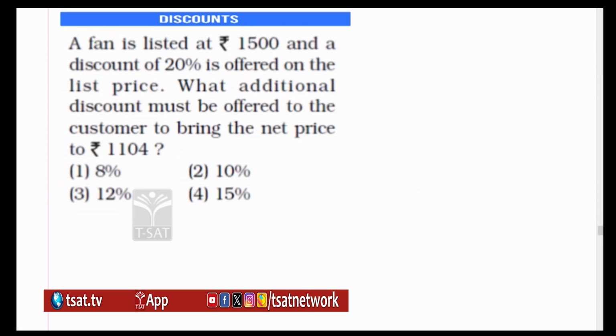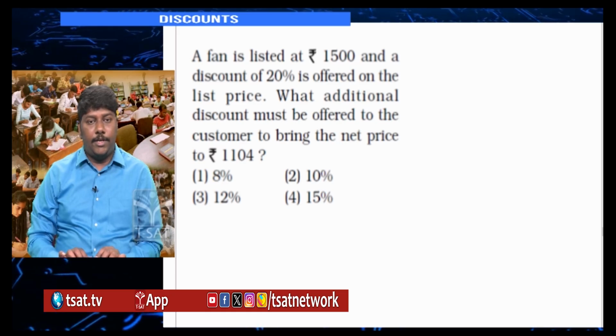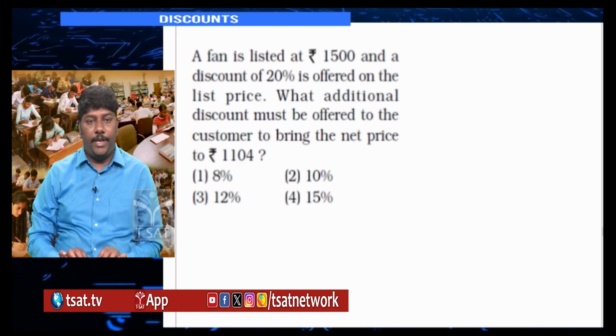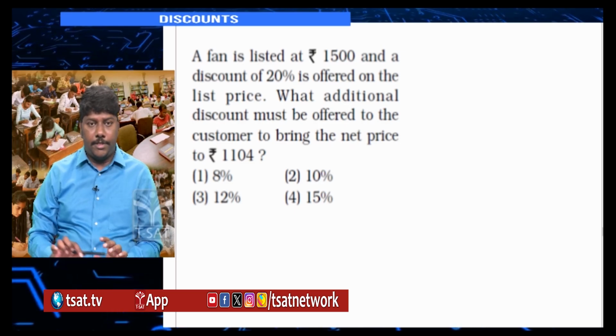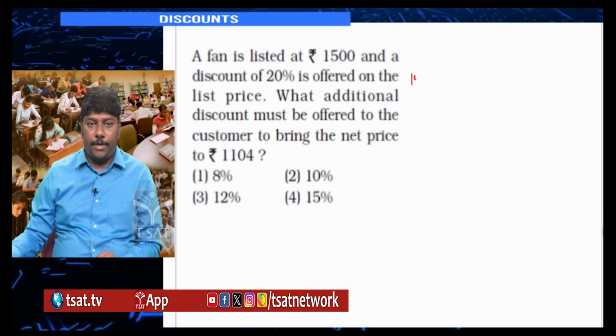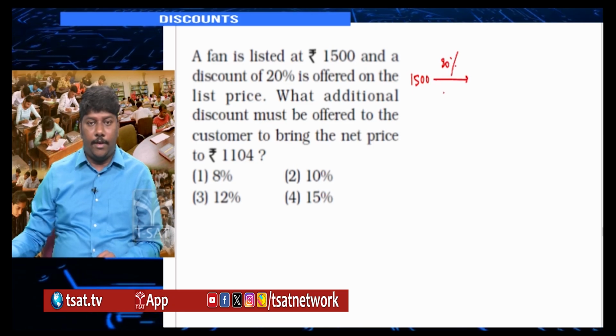A fan is listed at 1500 and a discount of 20% is offered on the list price. What additional discount must be offered to the customer to bring the net price to 1104? You have already given 20% discount. What is 20% on 1500? 10% is 150, 20% is 300.